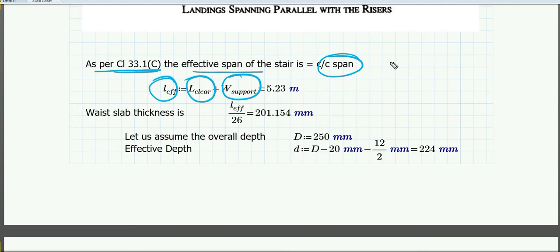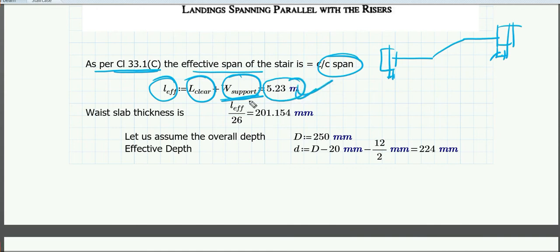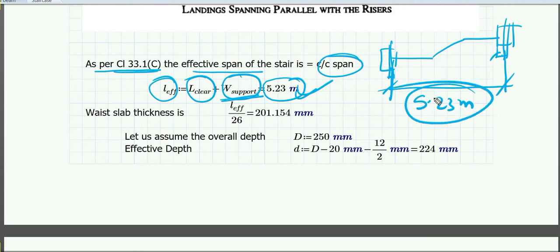So half of the supporting beam on this side and half on the other side, right? Or you can say, you just add the width of the support, and you get 5.23 meter. Okay, so from the center of this beam to the center of the other beam is 5.23 meter. This is the effective span of our staircase.